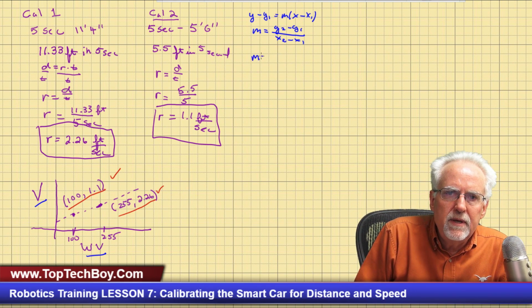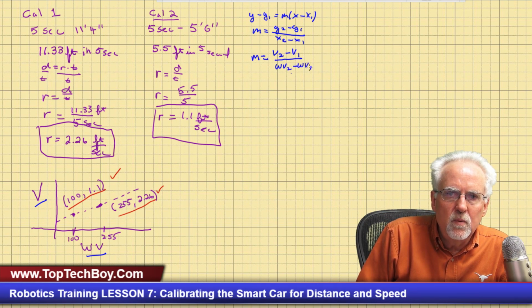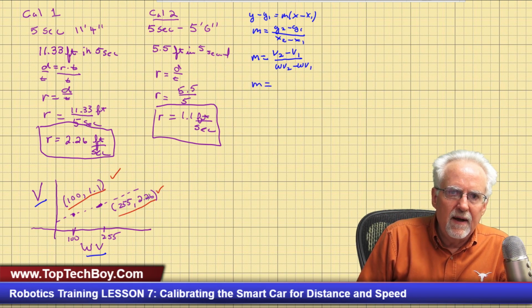That slope m is going to be equal to the velocity 2 minus velocity 1, because that was our y value, over right value 2 minus right value 1. Okay, now let's calculate our slope. M is equal to, well, I've got the velocity 2 is 2.26 minus 1.1.